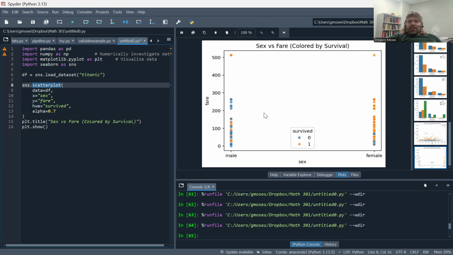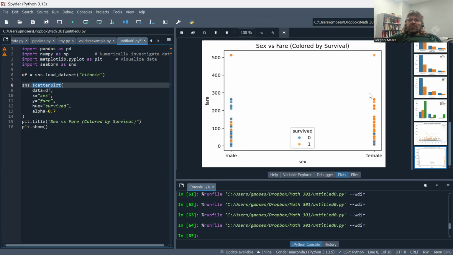Seaborn realizes sort of what I want to do. And looking at this, it's pretty clear we're seeing a lot more orange over here.